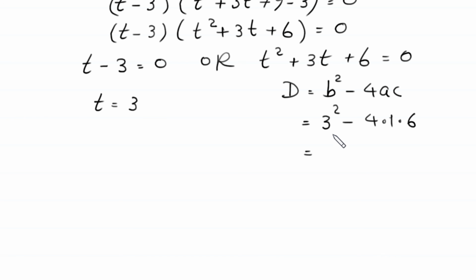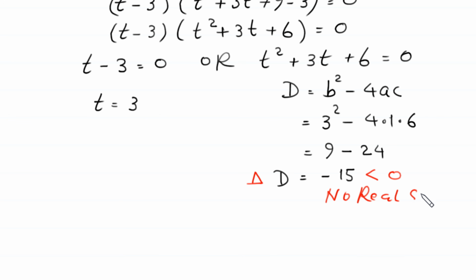So this will become 3 squared is 9 minus 4 times 1 times 6, 24. And this is equal to 9 minus 24 is negative 15. So the discriminant, that is also called delta, is less than 0. So no real solutions can be found from this equation. So we accept only this value of t, 3.